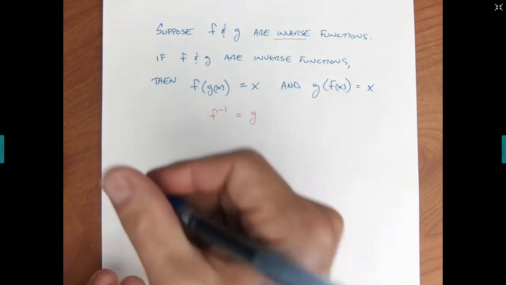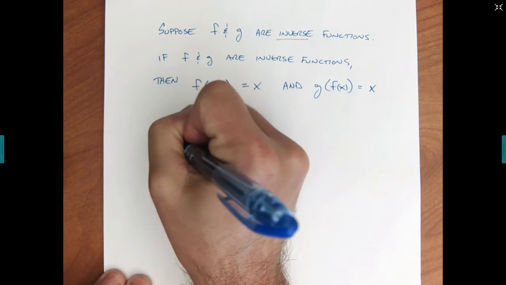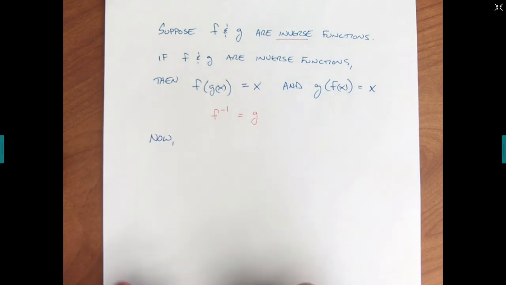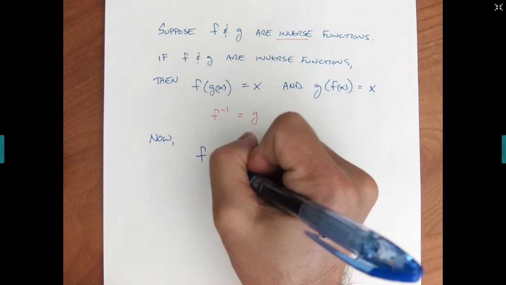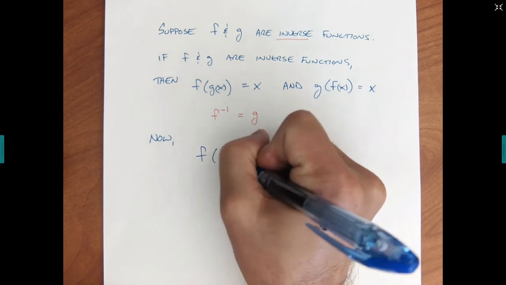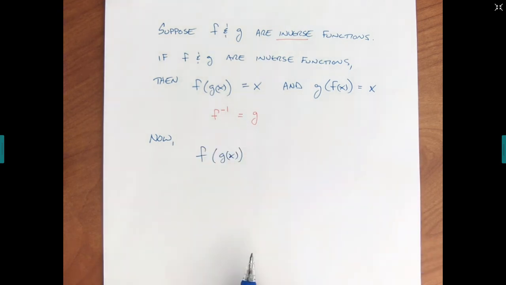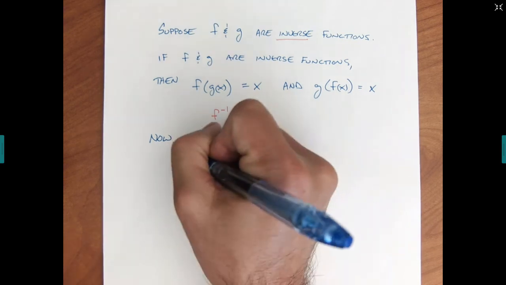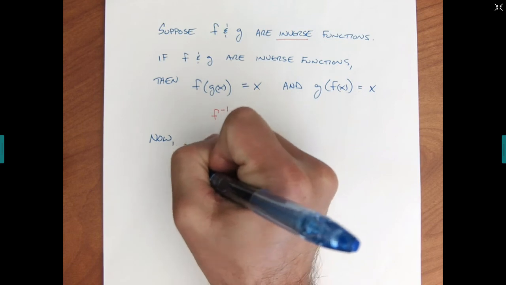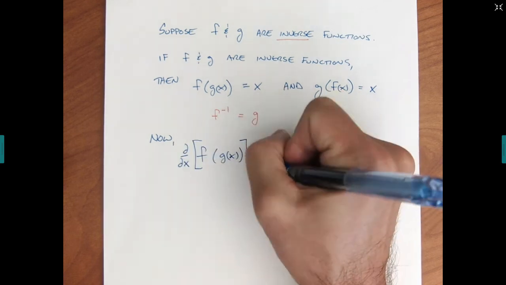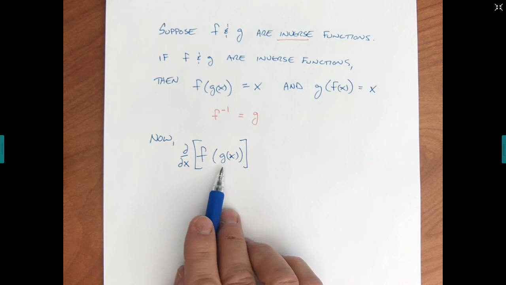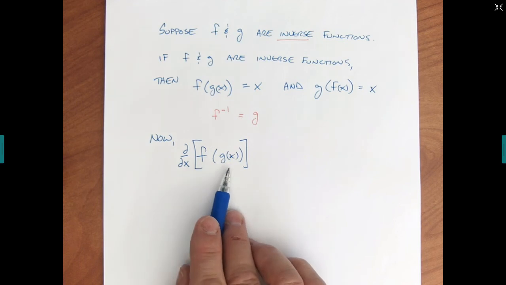So what I'm going to do is write this f of g of x again, like this, just from up here. And I'm going to take the derivative of this composite. So I'll use some Leibniz notation, like so, that says give me the derivative with respect to x of f composed of g of x.